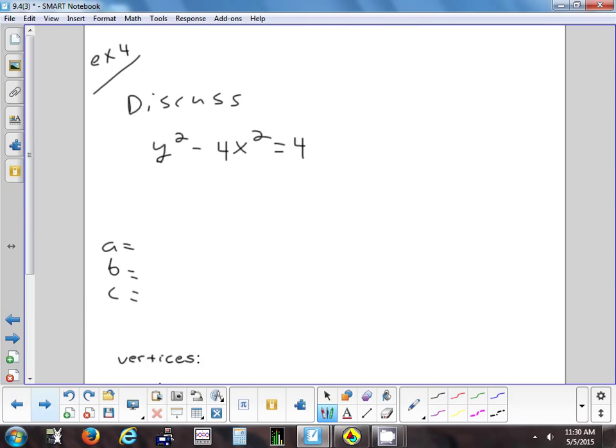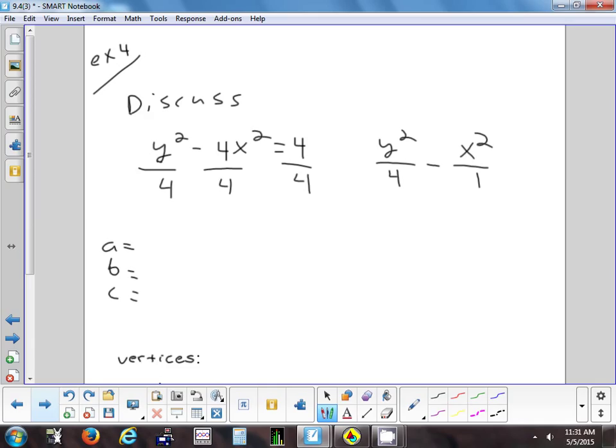Let's try this one. Kind of like the last one, we want to discuss it, but it's not quite in the right form. James, what do I have to do to get that so it's in the correct form? Yep. We divide everything by 4. So y squared over 4. Remember, your 4's are going to cancel here.